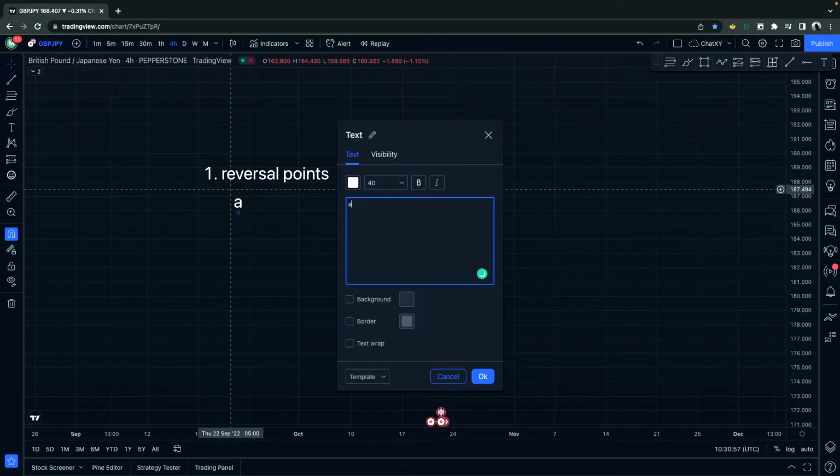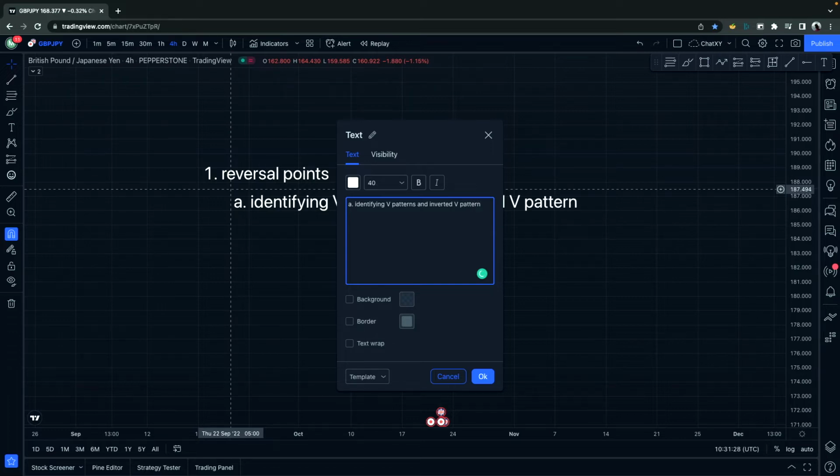Point A, identifying V patterns and inverted V patterns.